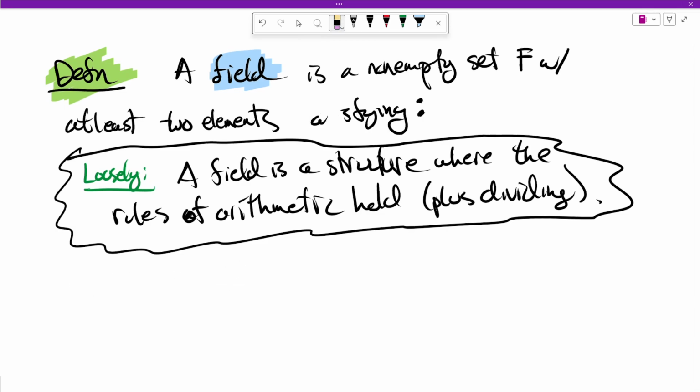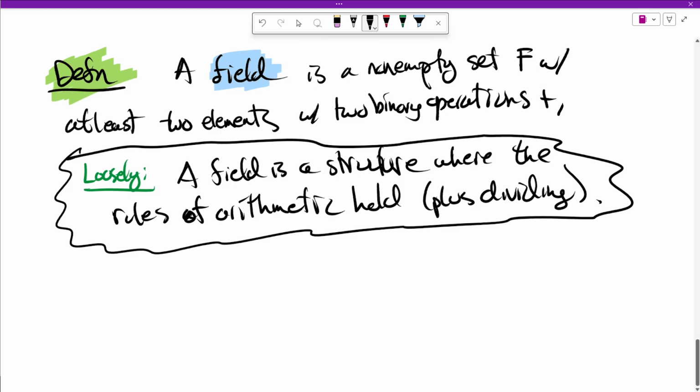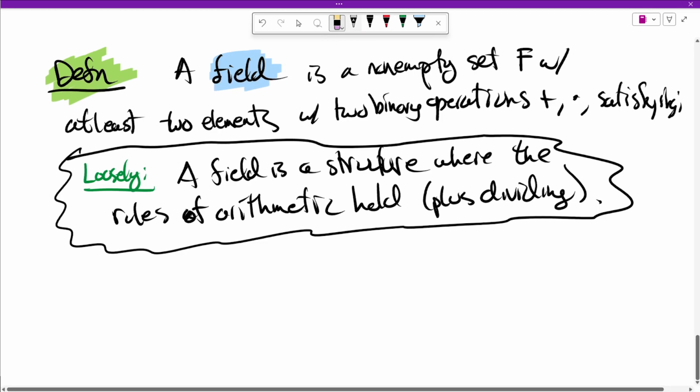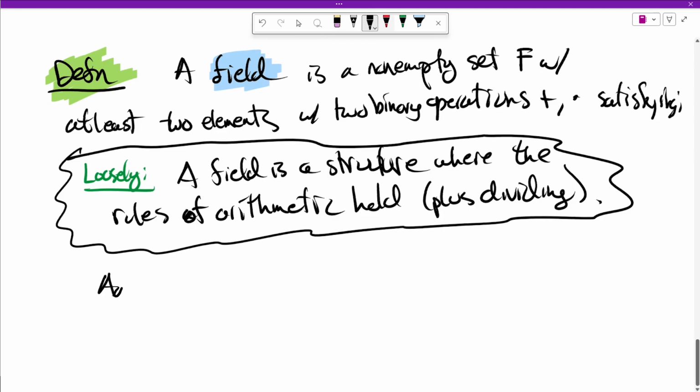At least 2 elements, I messed up here slightly, with 2 binary operations. Here we go. Plus and times, satisfying. Satisfying what? Well, the plus behaves like a plus.